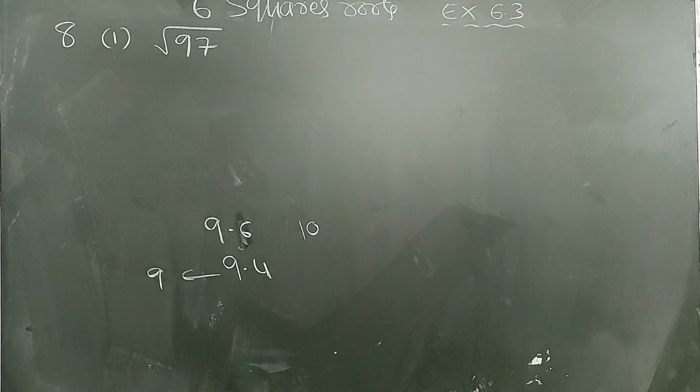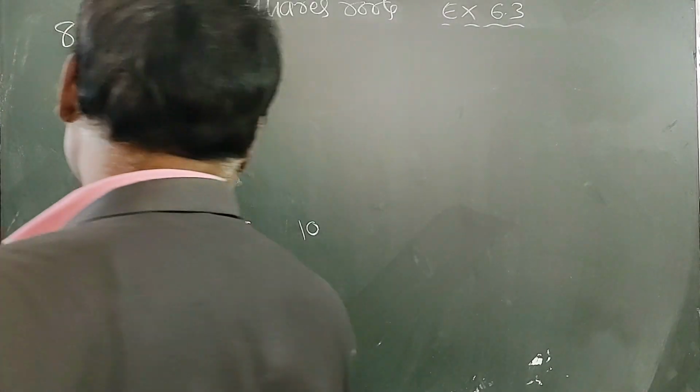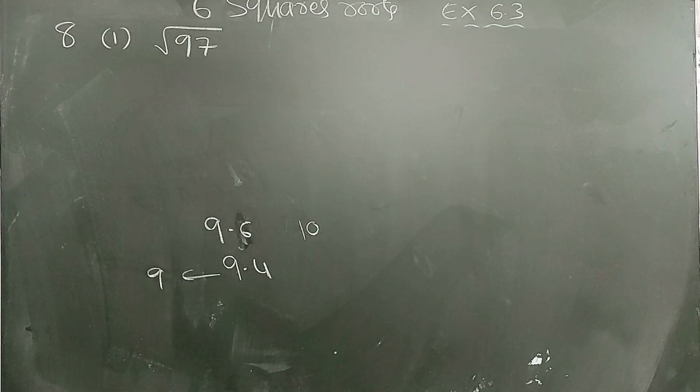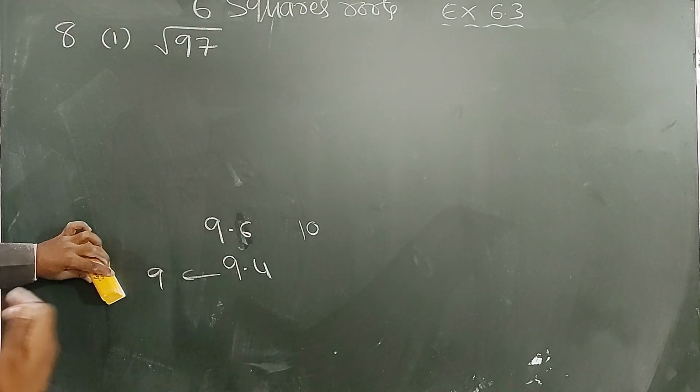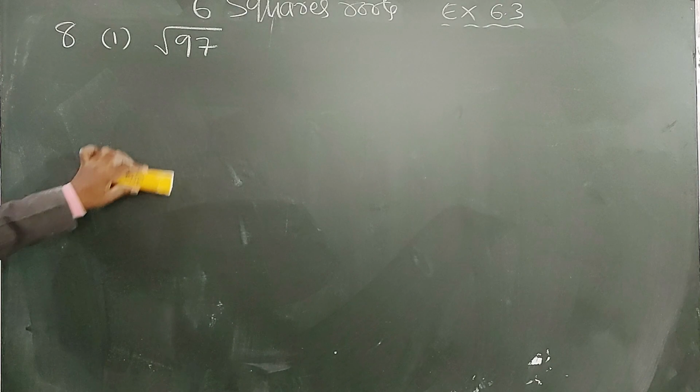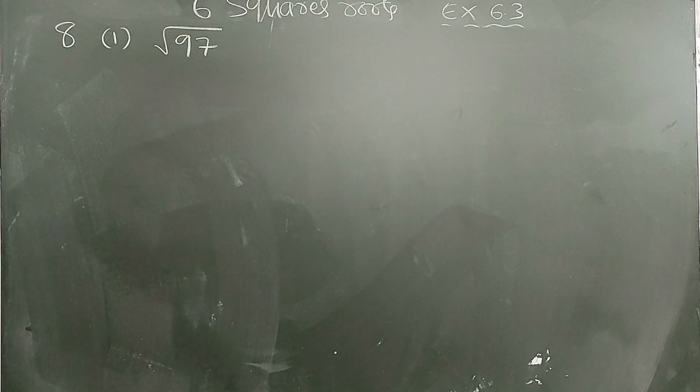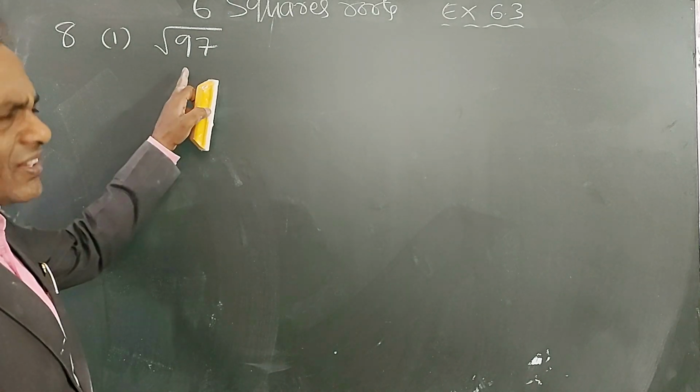Nearest to 1 or 2 or 3 or 4 or 5 or 6 or 7 or 8 or 9 or 10, 11, 12, 13, like that. Nearest to what integer? So we have to estimate. We won't find the value, just judging. See here, students, it is also a little difficult.